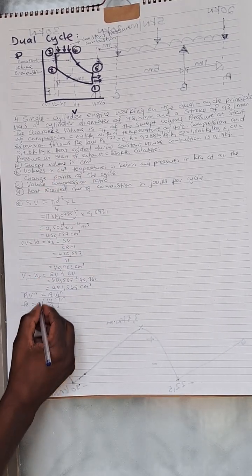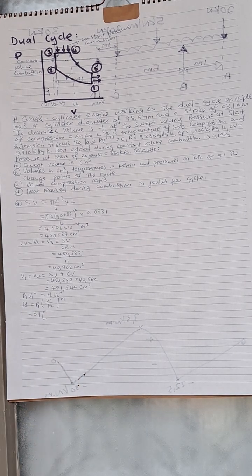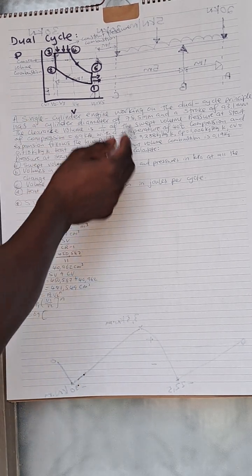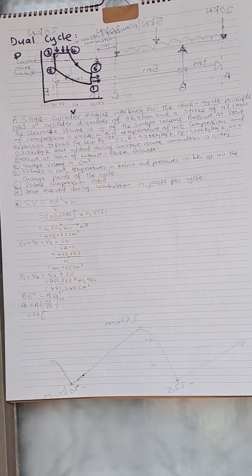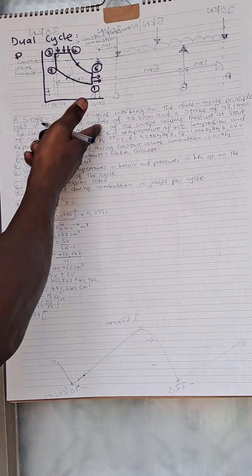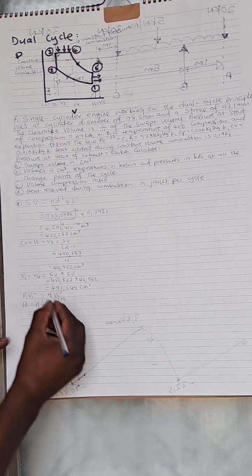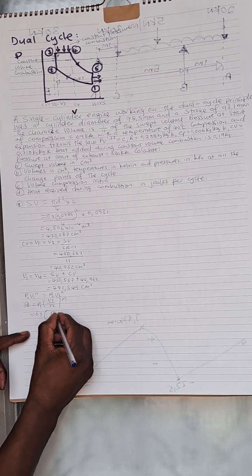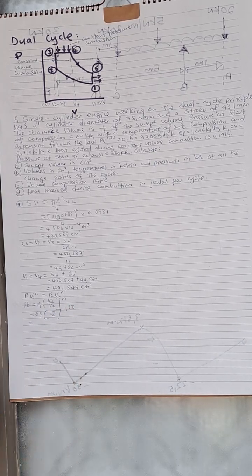P1 is said to be 69. Our V1, we can use the compression ratio of the clearance, which becomes 11 plus 1, which gives us 12 to the exponent of 1.33.